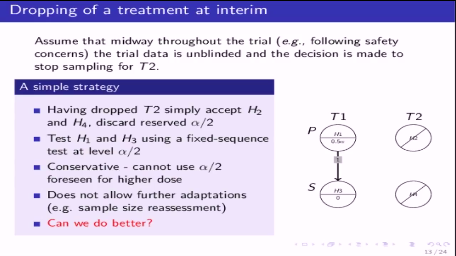As you will have immediately noticed, this is a very conservative procedure, but a valid procedure. But we simply don't use the alpha originally foreseen for the higher dose, and this procedure does not allow further adaptations. So, for example, we cannot change the sample size. So there's the question, can we do better?